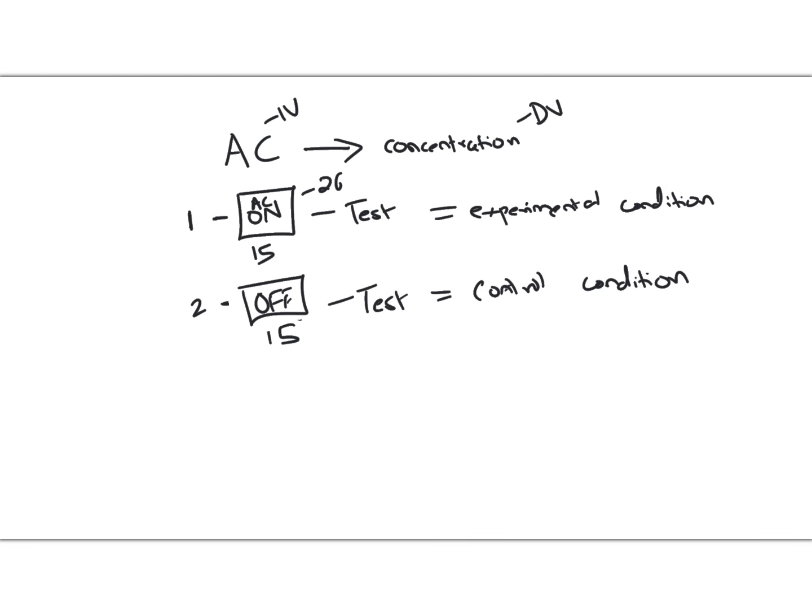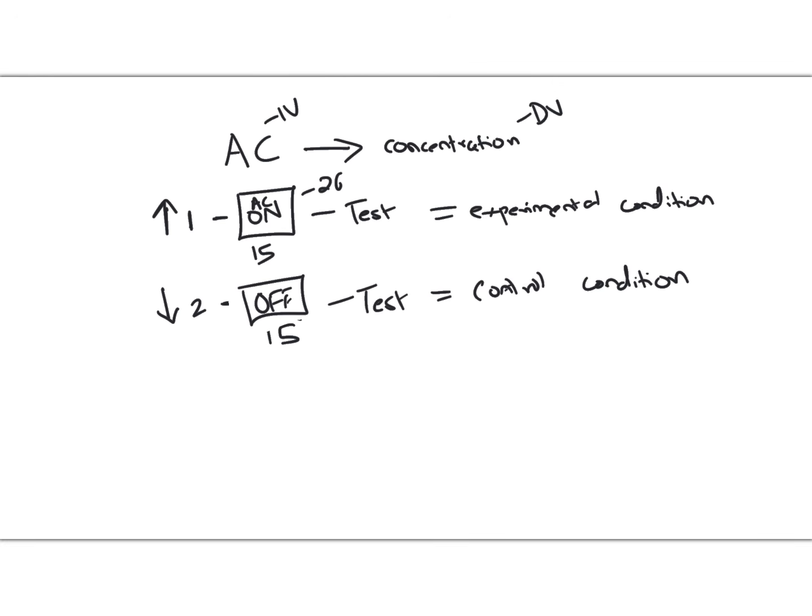Now, let's say that I do this study and the students in the AC on group have performed much better in the test compared to the students in the AC off group. Okay, so my question is, can I conclude for sure that it is only the AC that is affecting your performance, your concentration? Okay, I'll repeat the question.